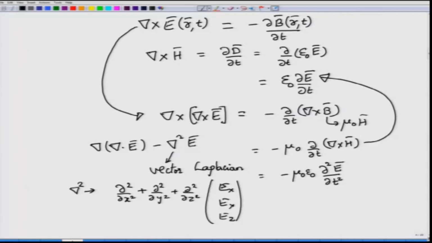So, the result of this del square E operation turns out to be a vector: x hat times the scalar Laplacian operating on Ex, plus y hat times the scalar Laplacian operating on Ey, plus z hat times the scalar Laplacian operating on Ez.